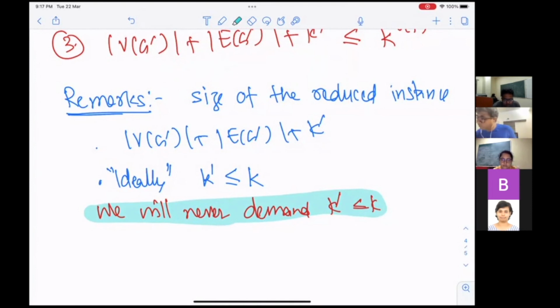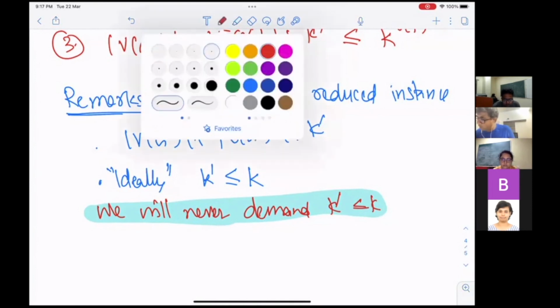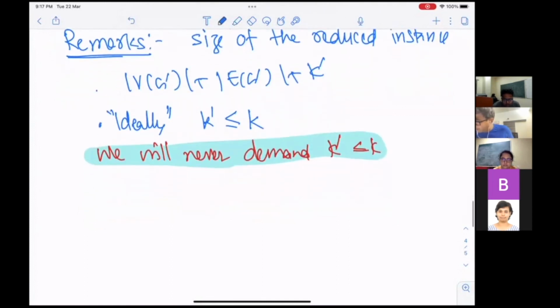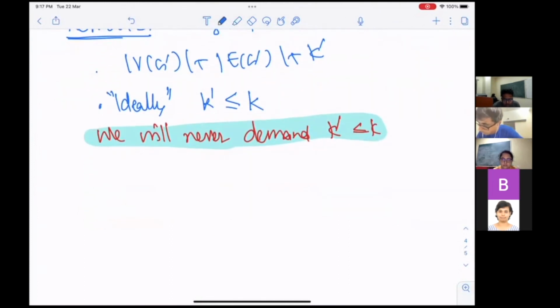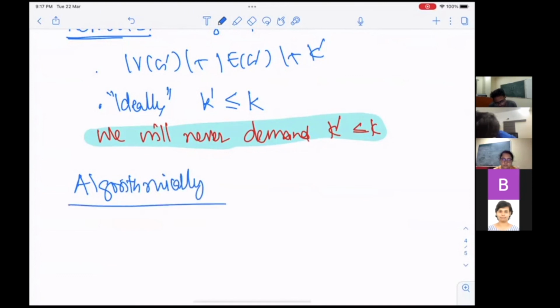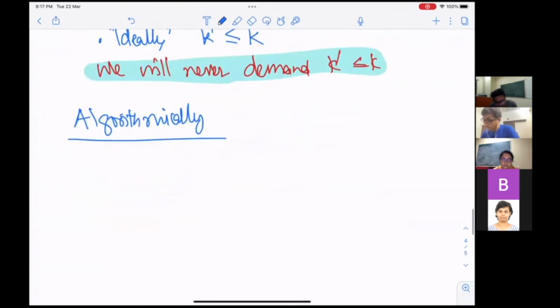But now people say, look, algorithmically, notice, if I wanted to design an algorithm for vertex cover, what are we able to do?